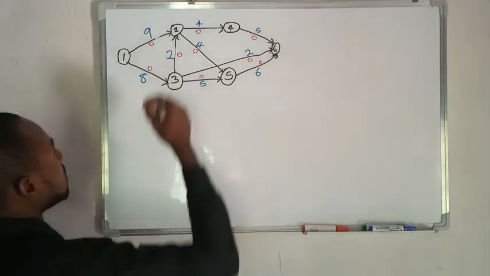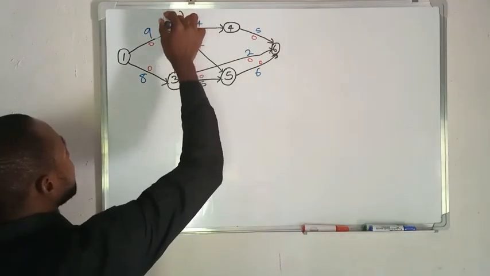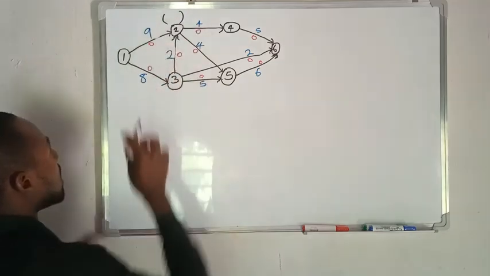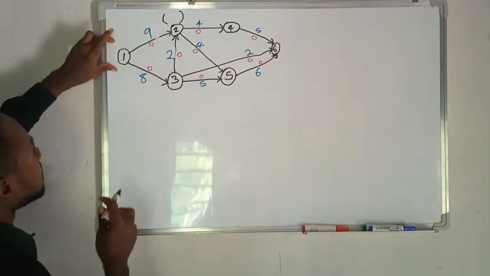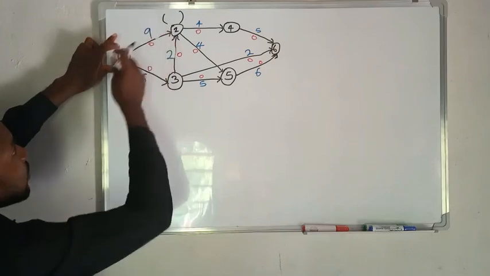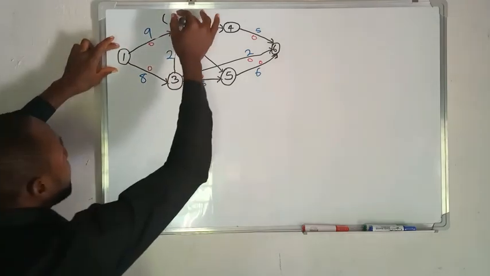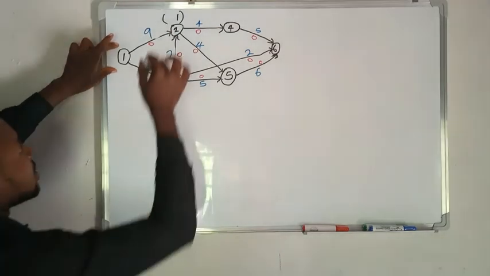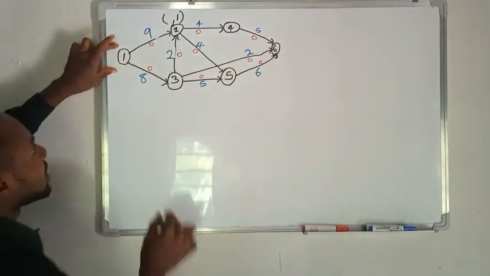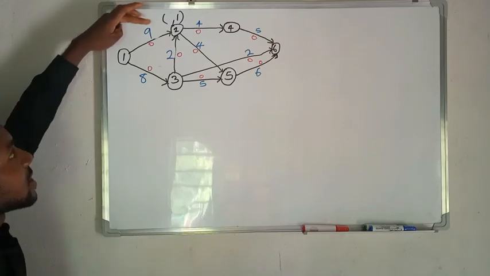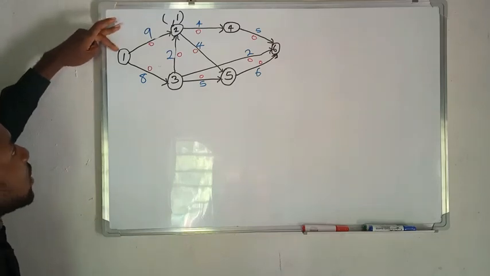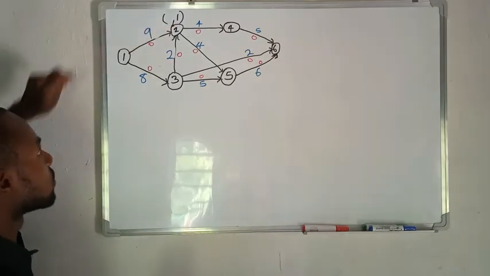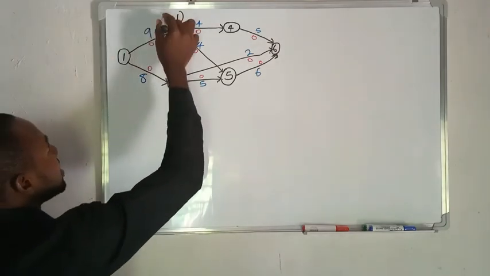We first go to node 2, and we check that node 2 is coming from node 1, which is the source node. We write 1 here, and then we write out the excess capacity that is coming from node 1 to node 2. So the capacity here is 9.